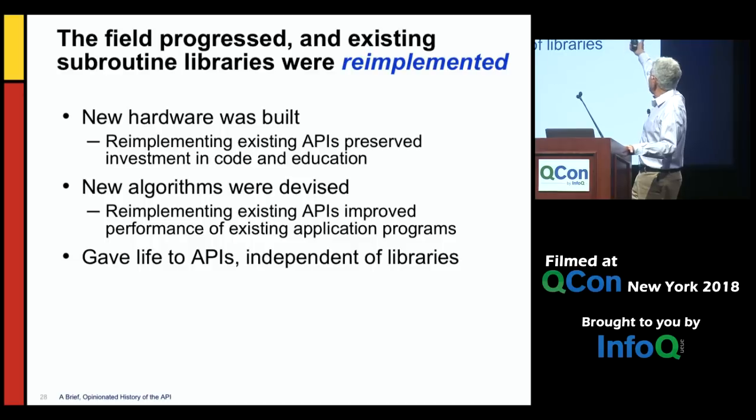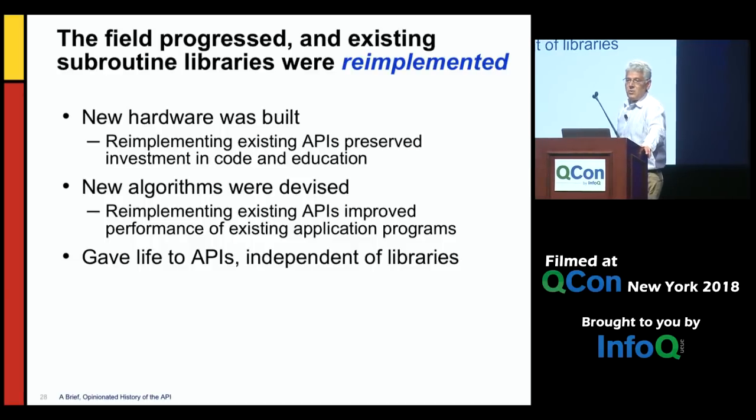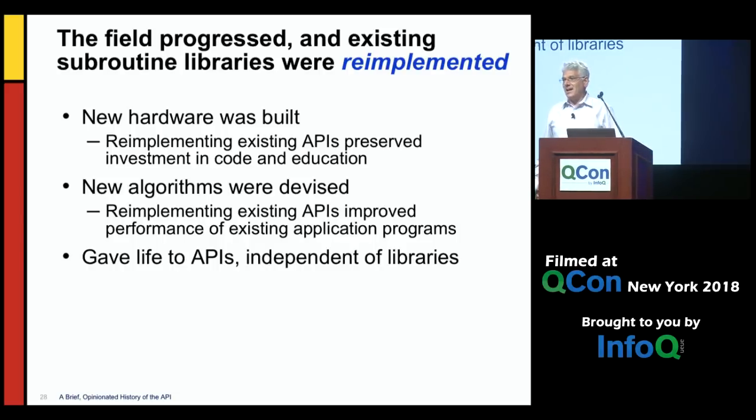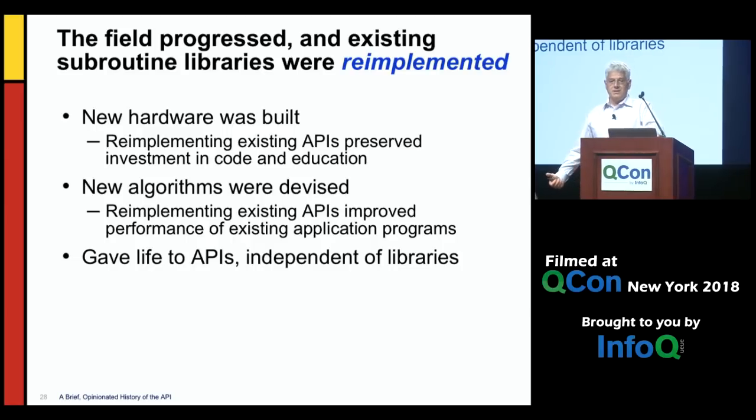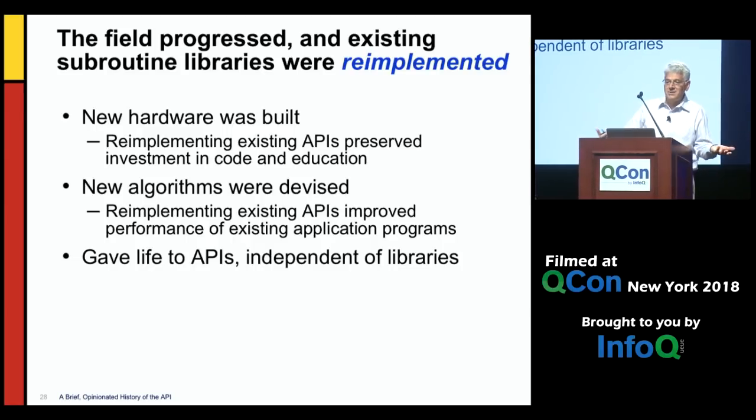The field progressed, and then existing subroutine libraries had to be re-implemented. Why? Well, new hardware was built, like they did a new version of the EDSAC machine, and they basically ported the old libraries to the new machine to run more quickly using the new instructions.